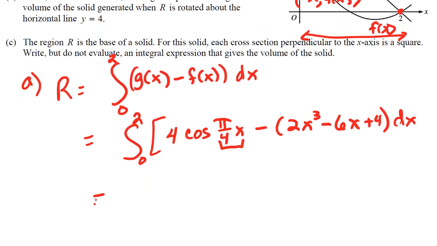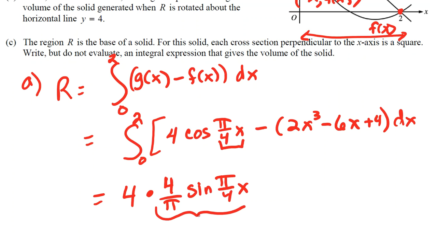So to make that cancel out, we would have to use the reciprocal of 4 over pi. And cosine is the derivative of sine. So if you're not with me, check it out here. If I do the derivative of this term, will I get back to the integrand? So do you see what I mean about canceling out the chain rule on the pi over 4? So it's a u/du substitution problem, but we're not writing out those steps anymore.